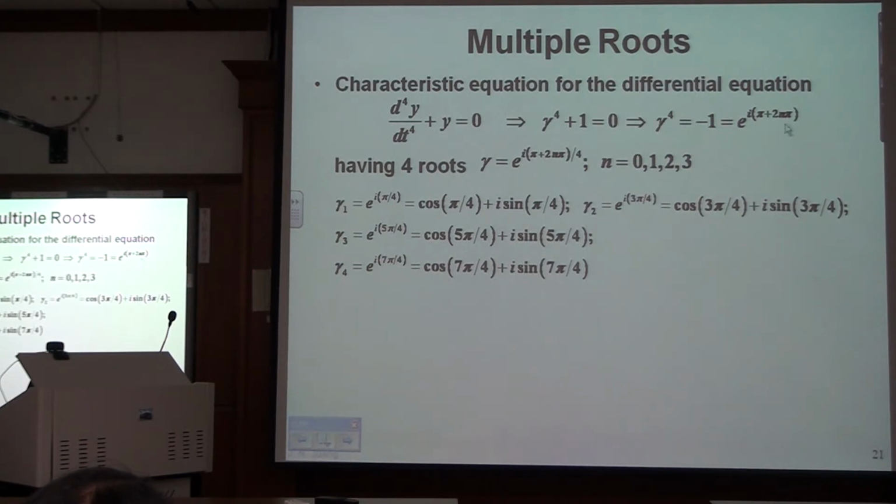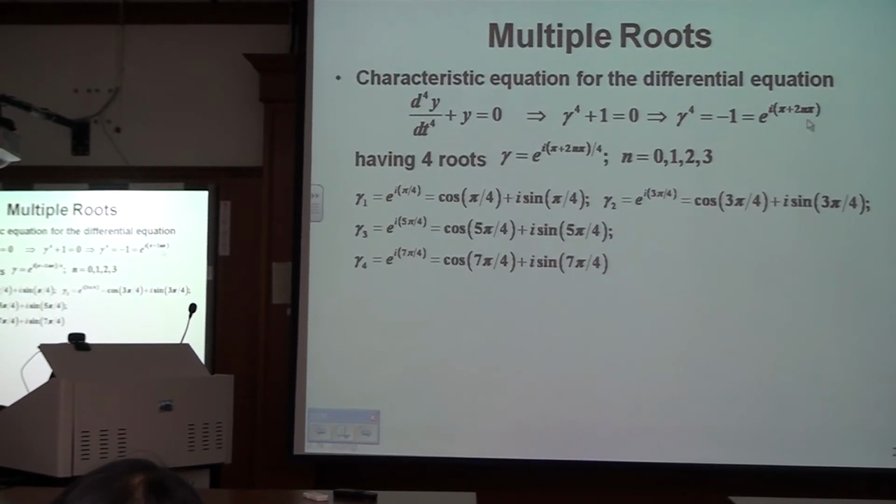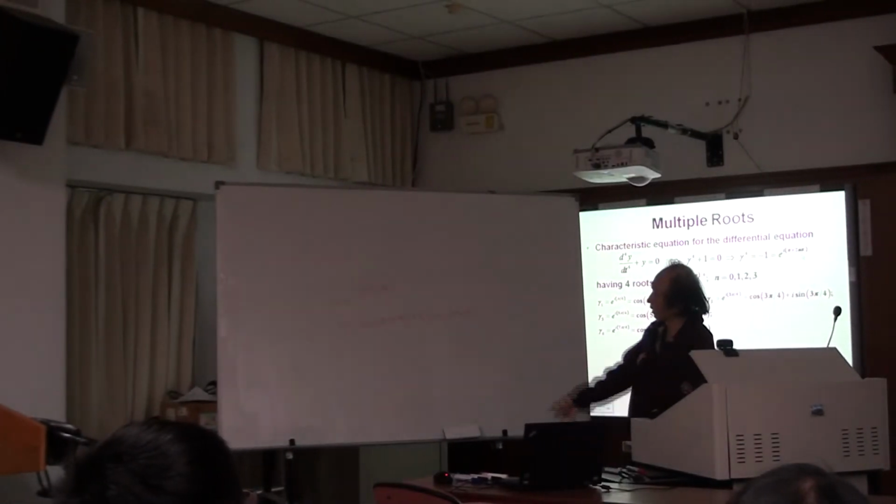Alright, we know that the -1 we can write in terms of e to what? e^(i(pi plus 2n pi)), because that's equal to cosine(pi plus 2n pi) plus i sine(pi plus 2n pi), right? Is that true? That's true, right?